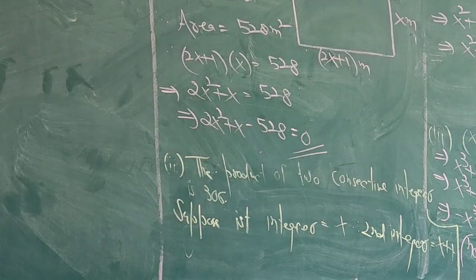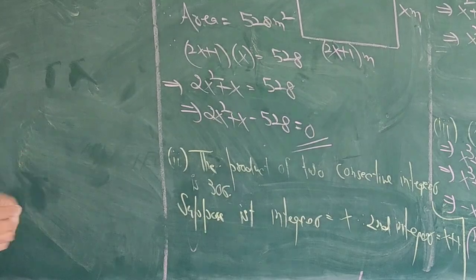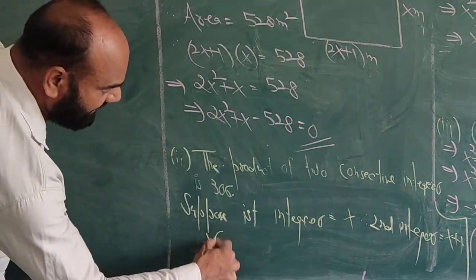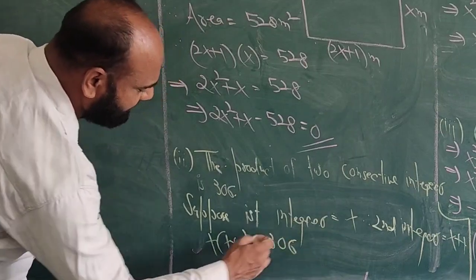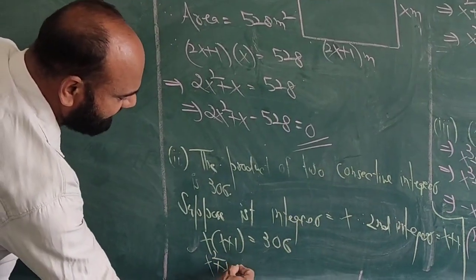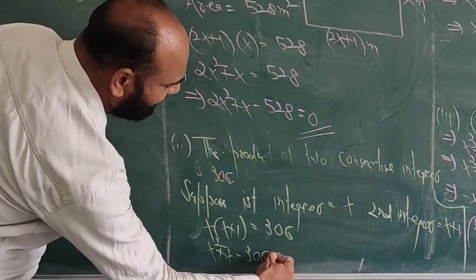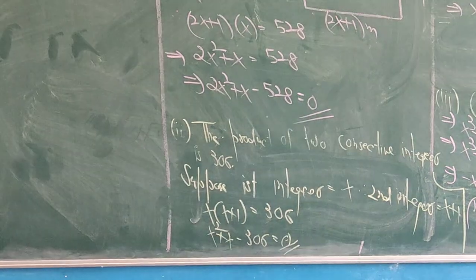Now according to the condition, it is given that the product of consecutive integers is 306. Therefore x multiplied by x plus 1 is equal to 306. Now by multiplying we get x square plus x minus 306 equal to 0, which is the required quadratic equation.